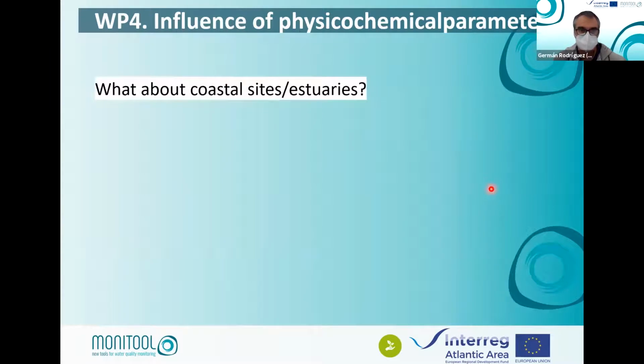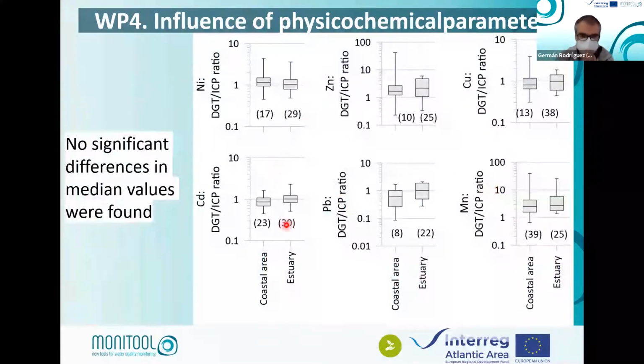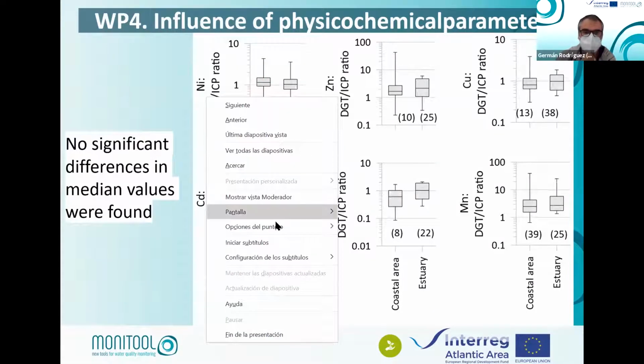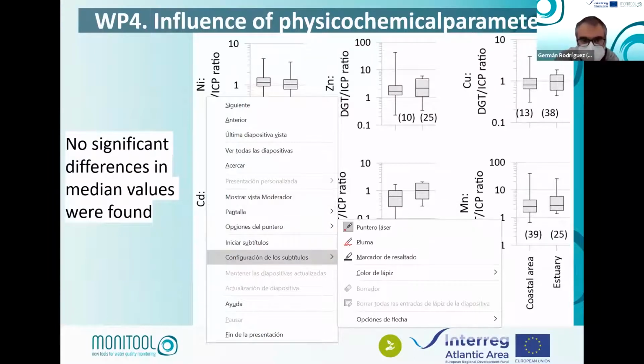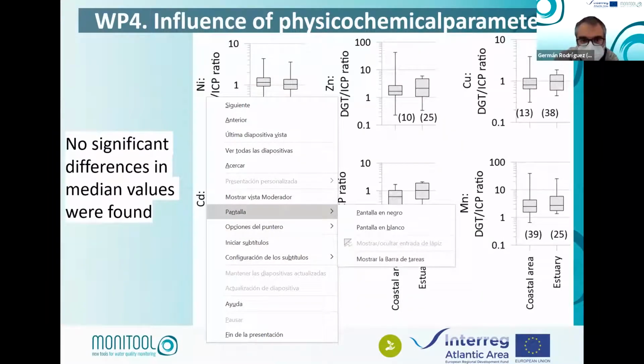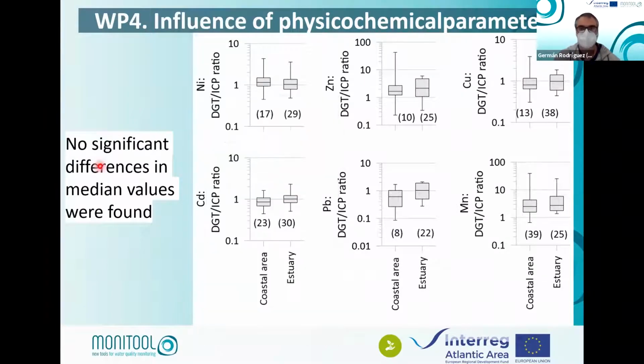And what about coastal sites or estuary? These are box plots. This central bar represents the median value of each subset of data, the central value of the data.